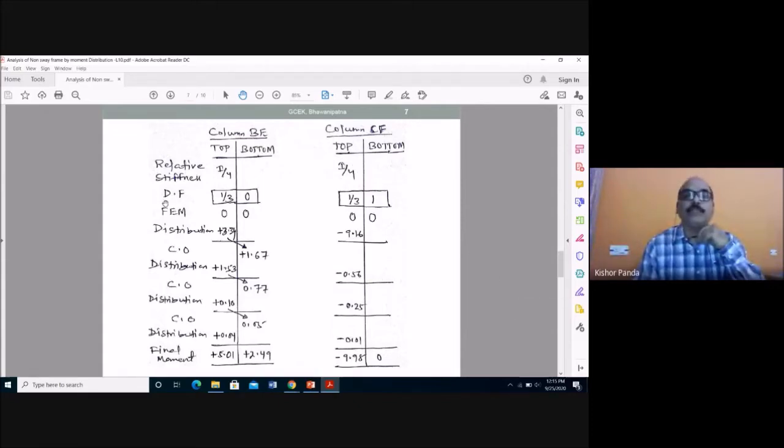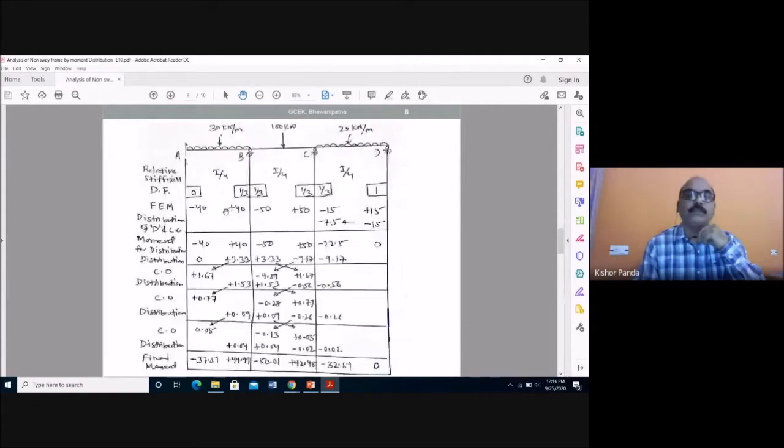Then you know the distribution factor, already you know. At the top, you write the distribution factor in this box, and for the bottom, you know the distribution factor is 0. Similarly, for column CF, here you write the distribution factor this side, and the distribution factor this side.